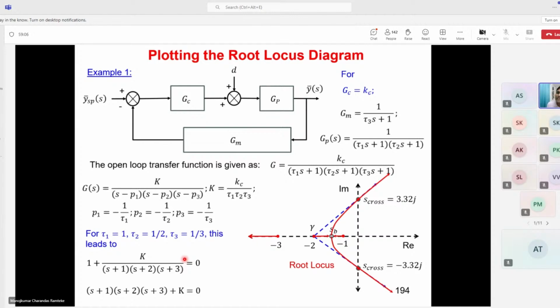Correct. Now the question here is, can I find out the stability of the control system without approximating the dead time? You can find out the stability of the control system without approximating the dead time only by using frequency response. And that is the reason why frequency response is a part of your syllabus. It's not to make your life miserable in terms of mathematics.